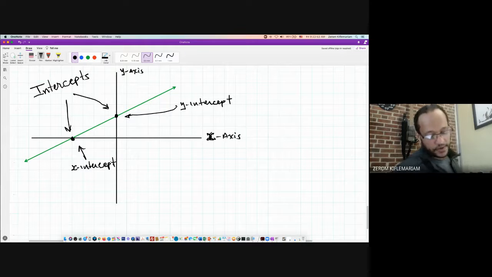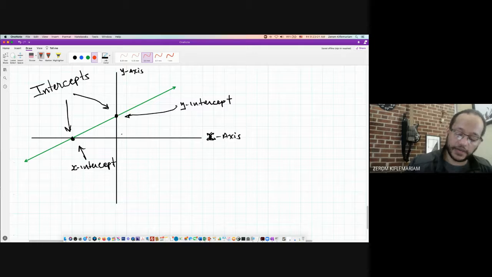There is a behavior: when it's crossing the x-axis or the y-axis, one of the coordinates is 0. Over here, counting 1, 2, 3, 4, the coordinate is x is 0, y value is 2: (0, 2).